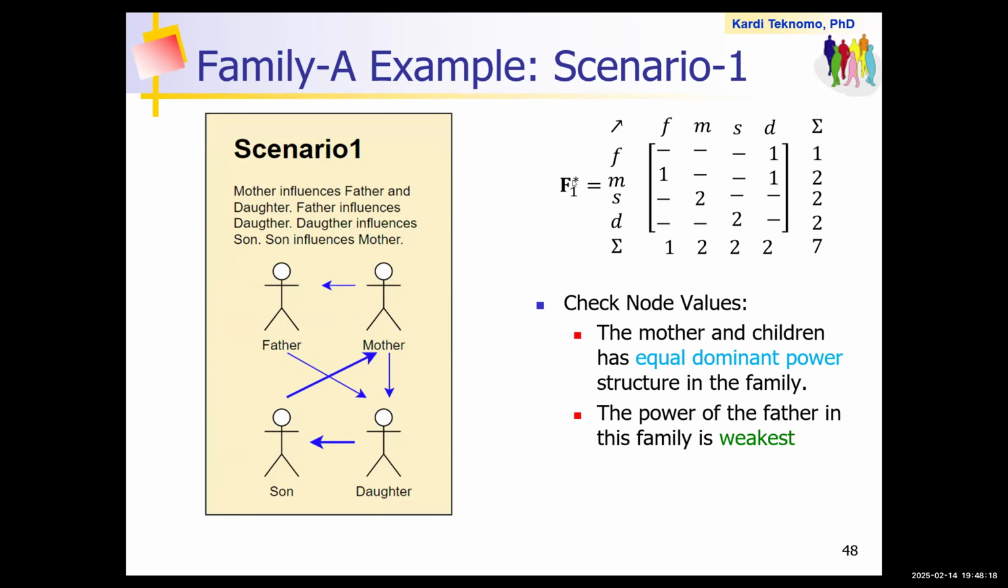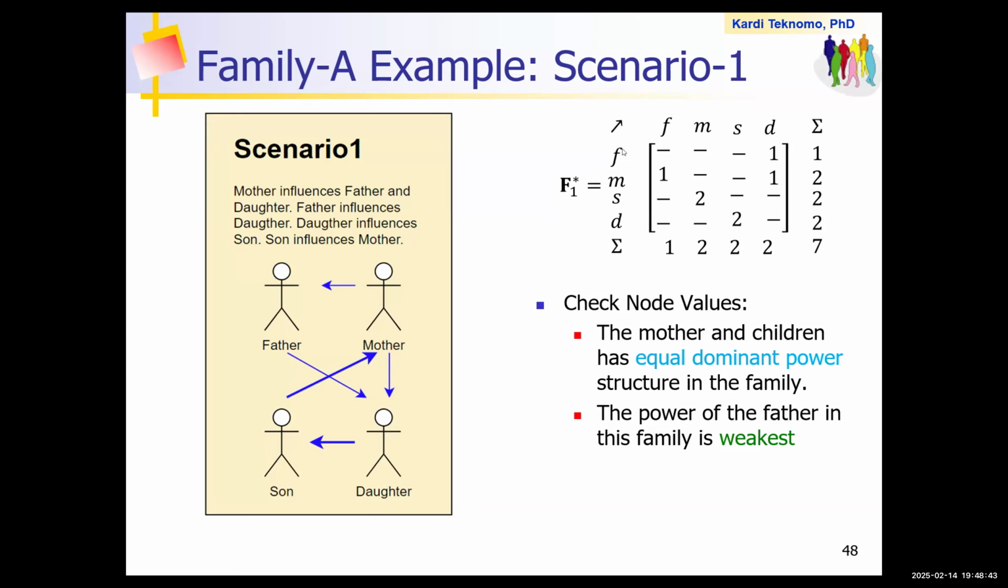And you look at this computation. Once you put this adjacency matrix, you can get the premier network. This is the premier network. So everything with the star here is premier network. This is the first scenario, so I put one subscript here. FMSD represents the names: father, mother, son, and daughter.